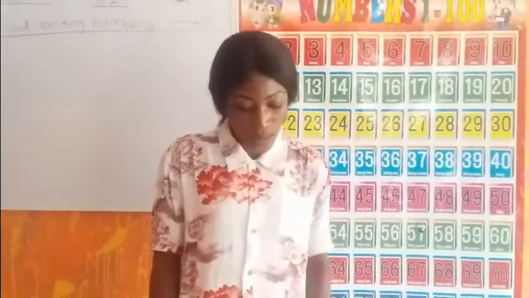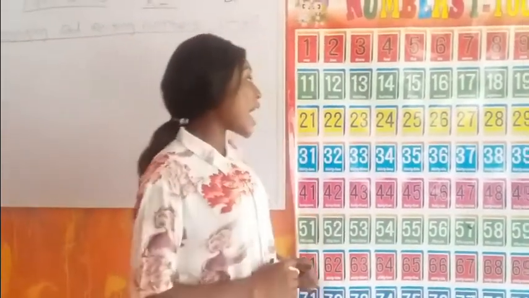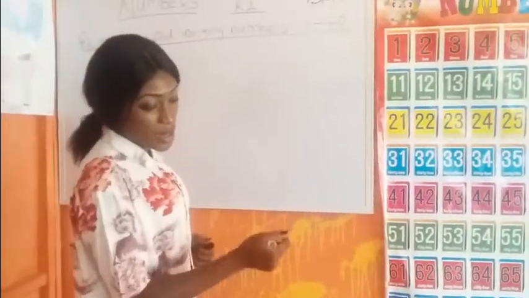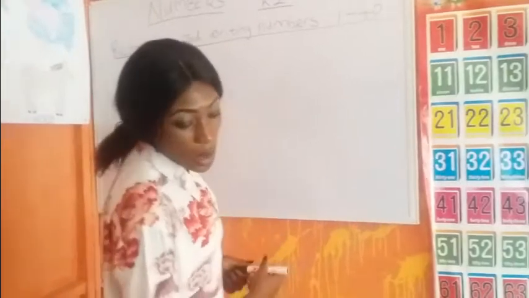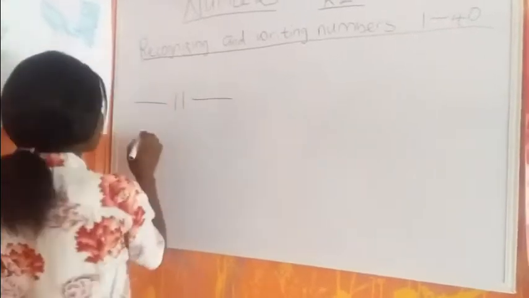Now, last term we also looked at before and after. That is numbers that are before and after. We are still going to work on that. Let's take some examples.